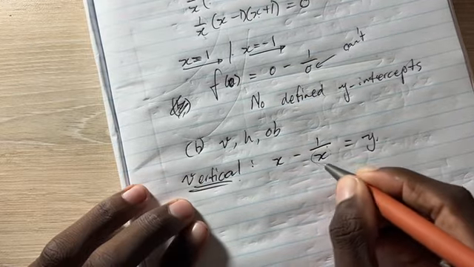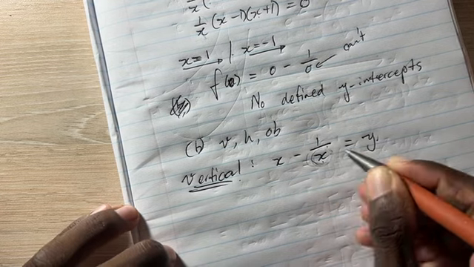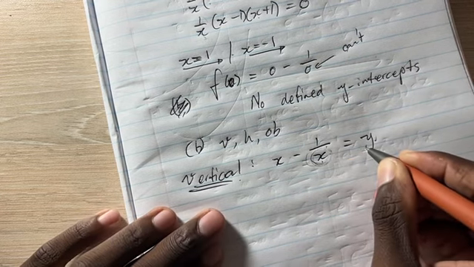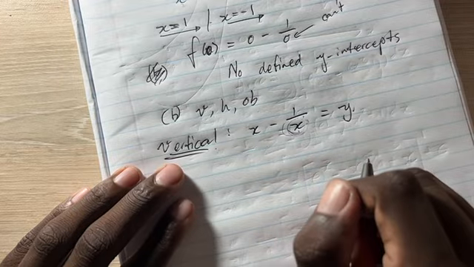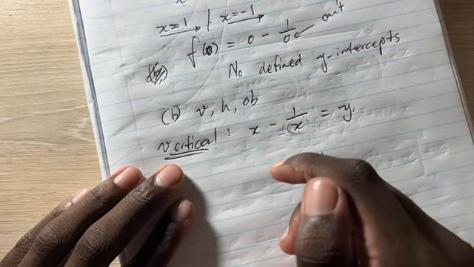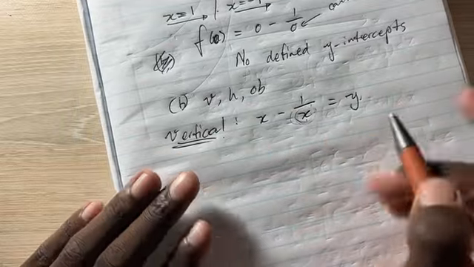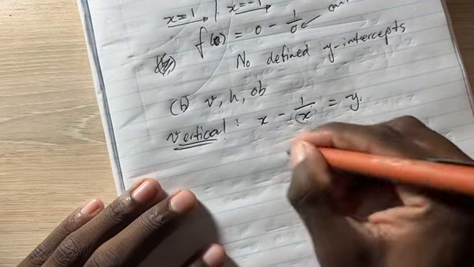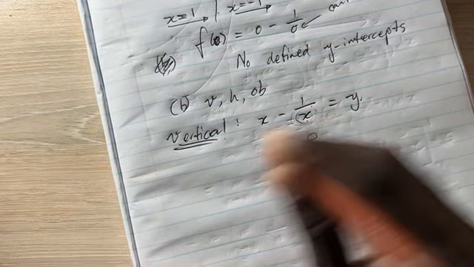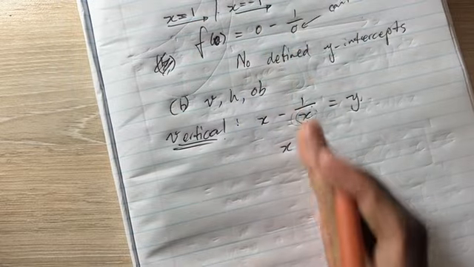You see, if this is 0, y is undefined, right? So that means x cannot be equal to 0. That's a vertical asymptote. Or you could just say, because we have an x on the denominator, that makes a vertical asymptote, and that's also fine. So we have a vertical asymptote at x equals 0. Because x cannot be equal to 0, that means the function doesn't touch that line.